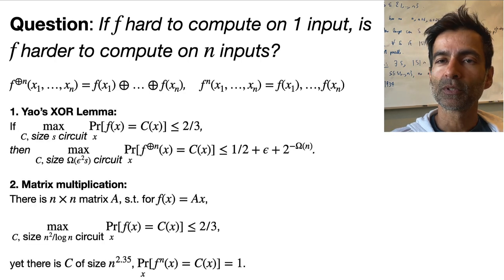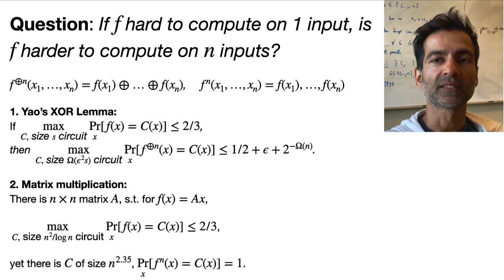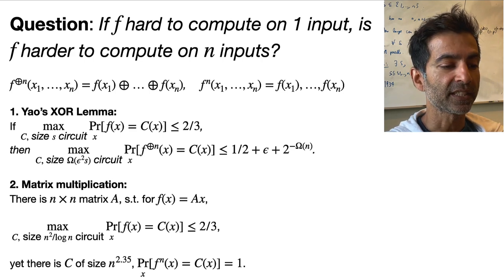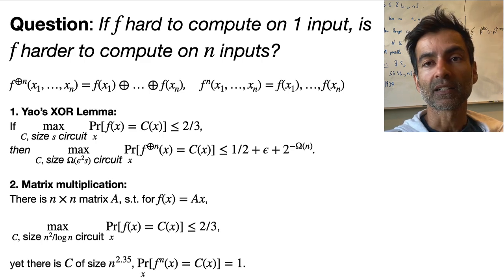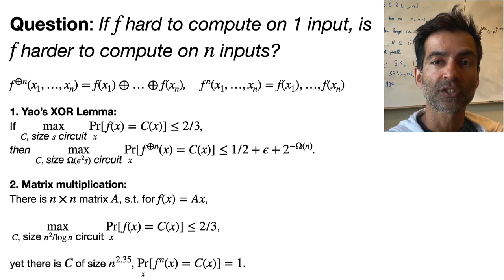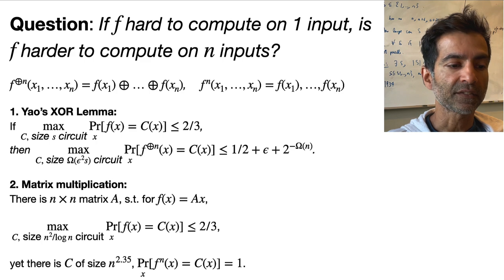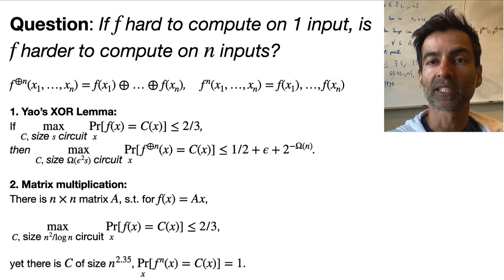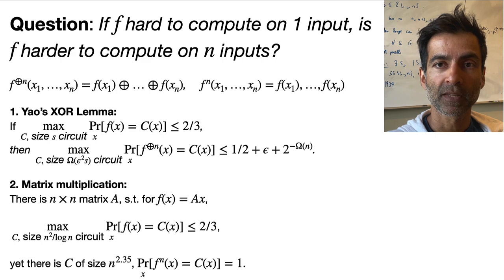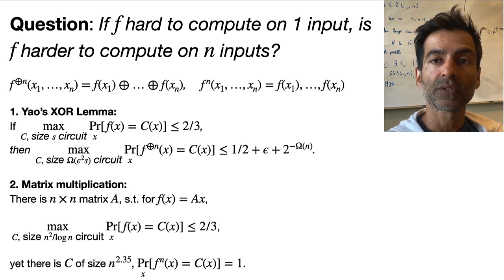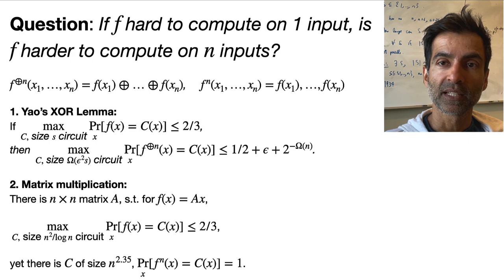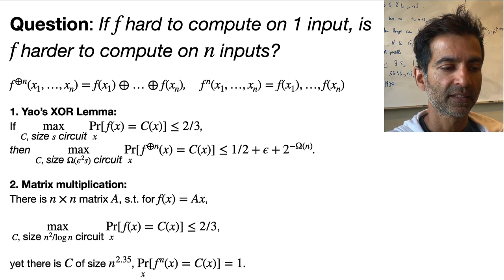So here are two classical examples where this question has an interesting answer. The first is Yao's XOR lemma. Yao showed that if you have a function which is hard to compute, meaning that every circuit of size s can succeed in computing f with probability at most 2/3 on a random input, then if you take the n-fold XOR, that's going to be even harder to compute, at least for a smaller circuit.